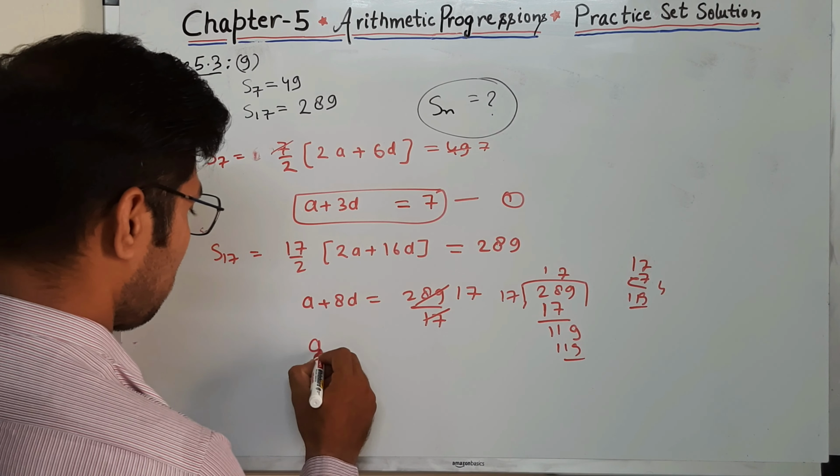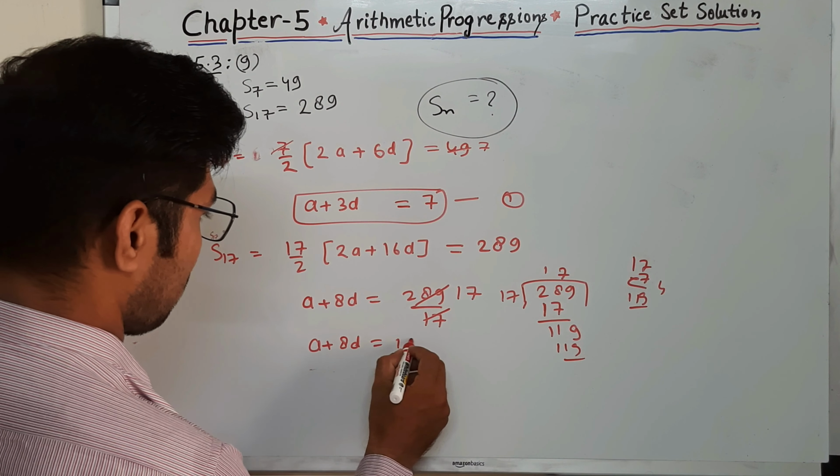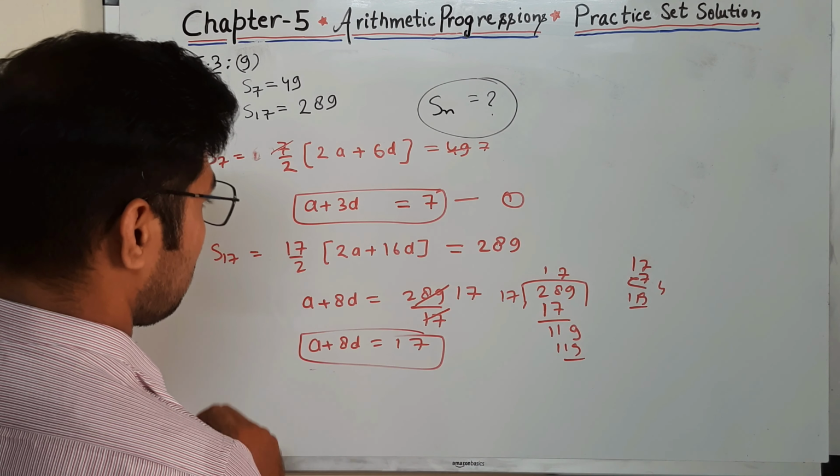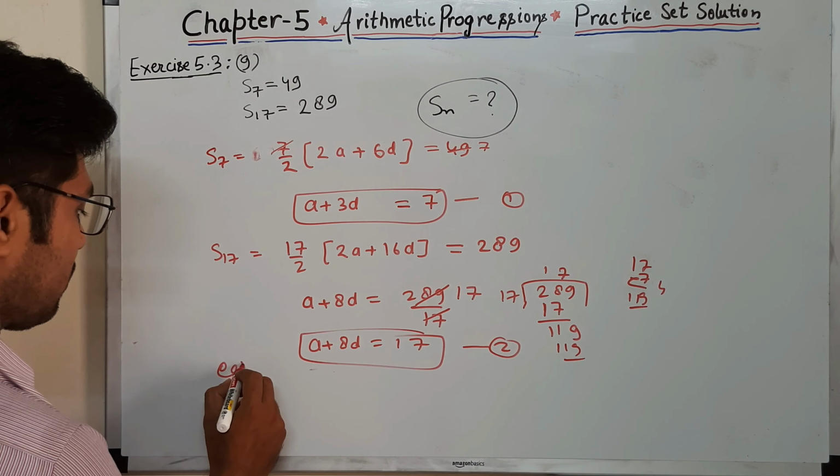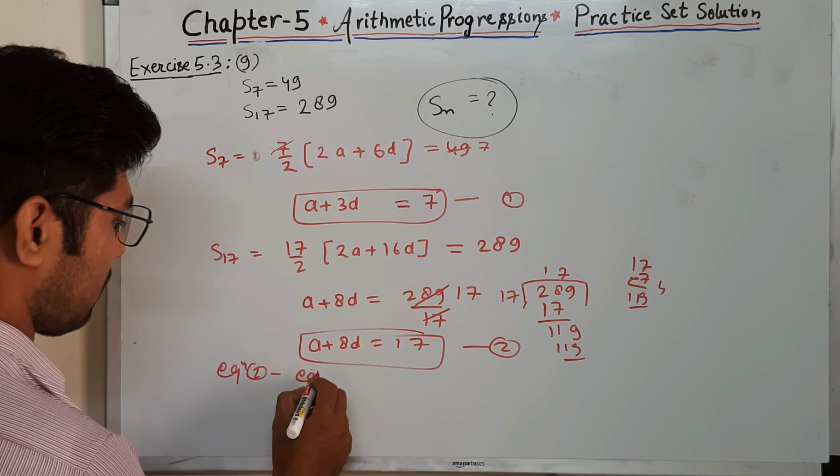So a plus 8d is equal to 17. Now this is equation 2. Do equation 2 minus 1.